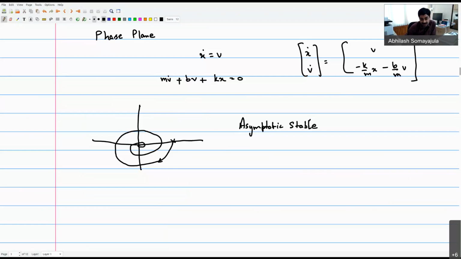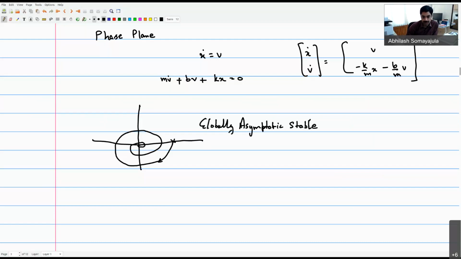This is globally asymptotically stable. I can have my x as large as possible. The starting point could be as large as possible. Yet, over time, it will come into a spiral which will dwindle down and then stop at my origin point. So this system is actually not just asymptotically stable, it is globally asymptotically stable.